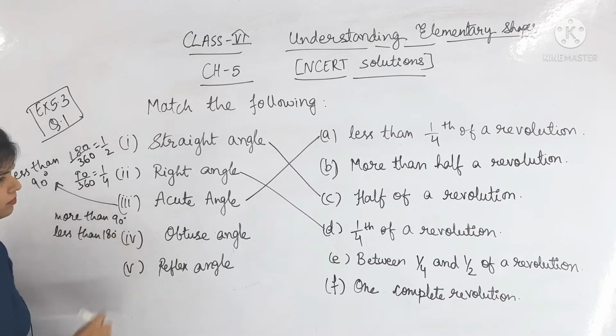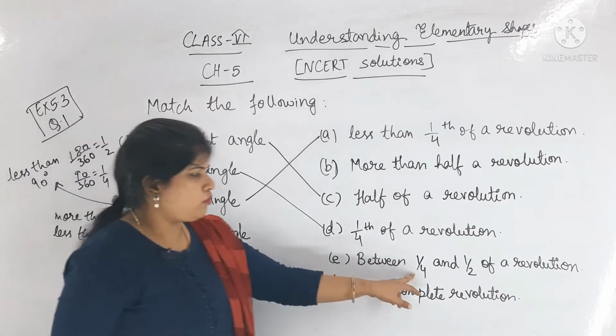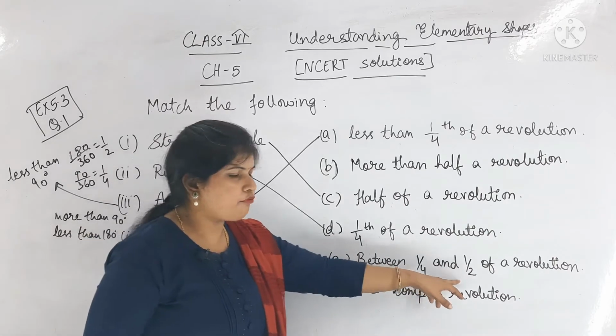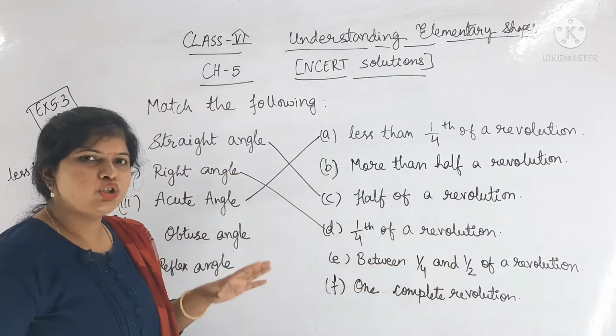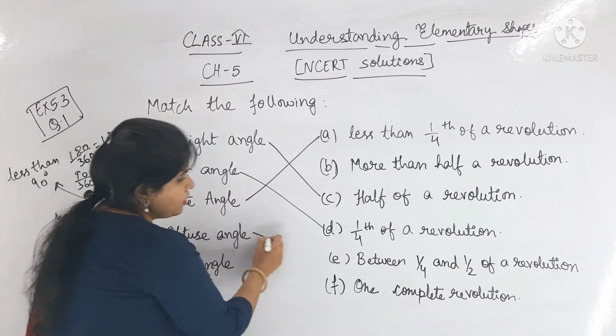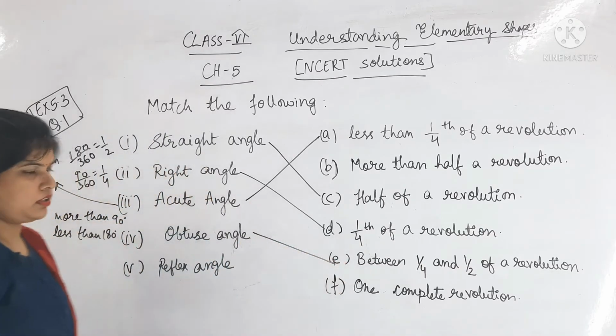So it will be between 1/4 revolution, which is for 90 degree, and half for 180 degree. So the revolution is between 1/4 and half of the revolution, right?